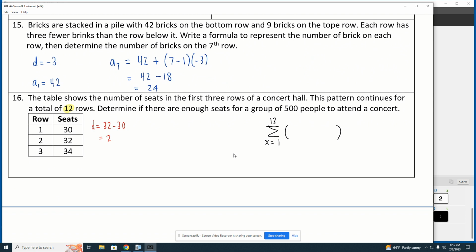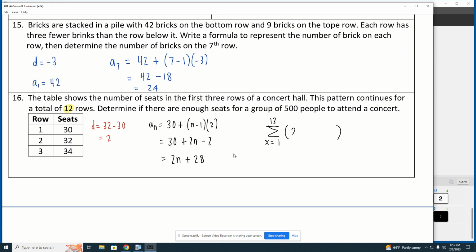So let's see what the equation is. It's A sub n equals A sub 1, 30, plus n minus 1 times d, 2. So that is 30 plus 2n minus 2. So that's 2n plus 28.